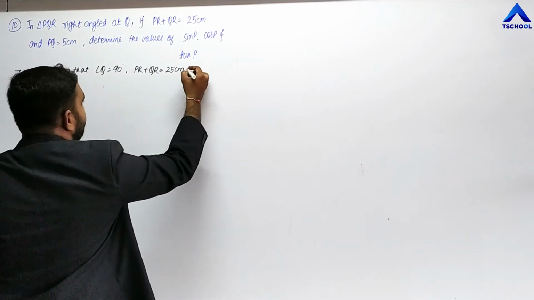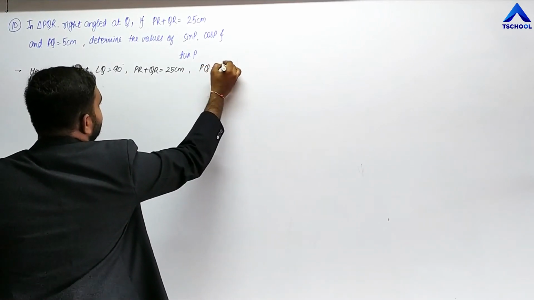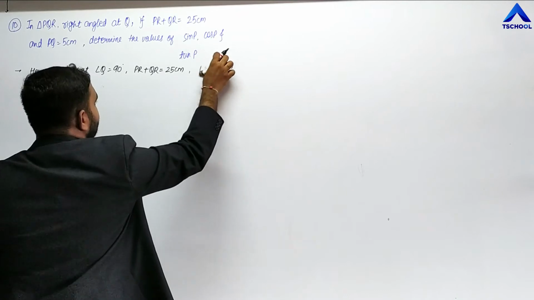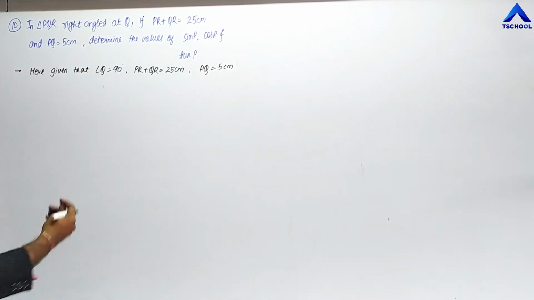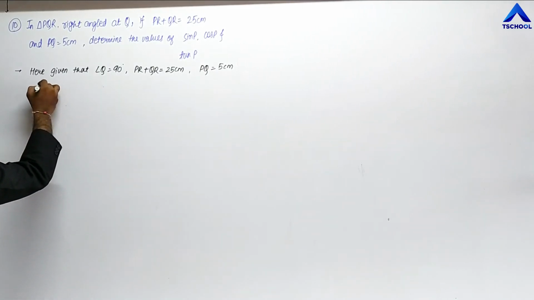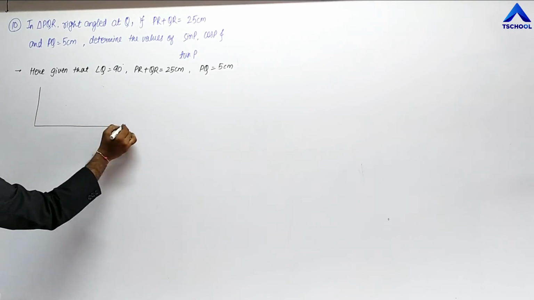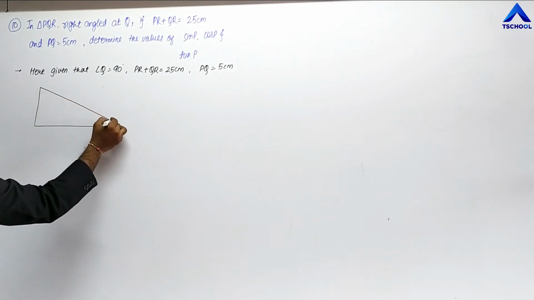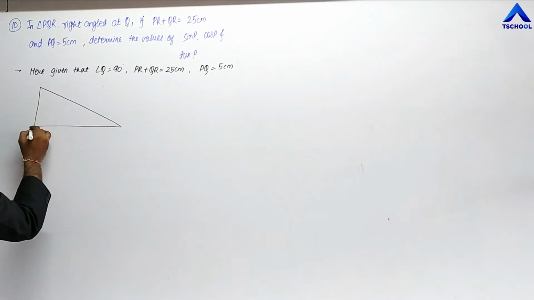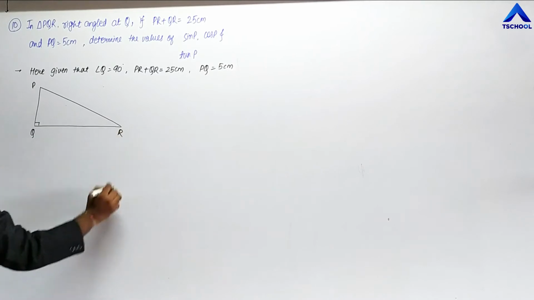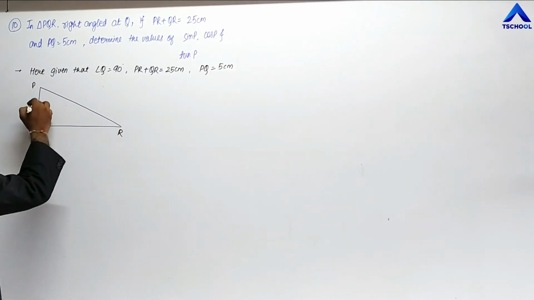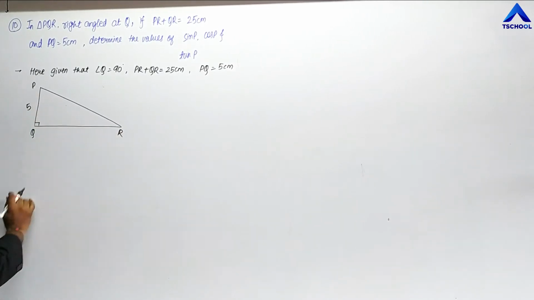Right? So, let us draw the figure for this first of all. That will be P, that is R. PQ, that is given as 5. PR plus QR is given 25.